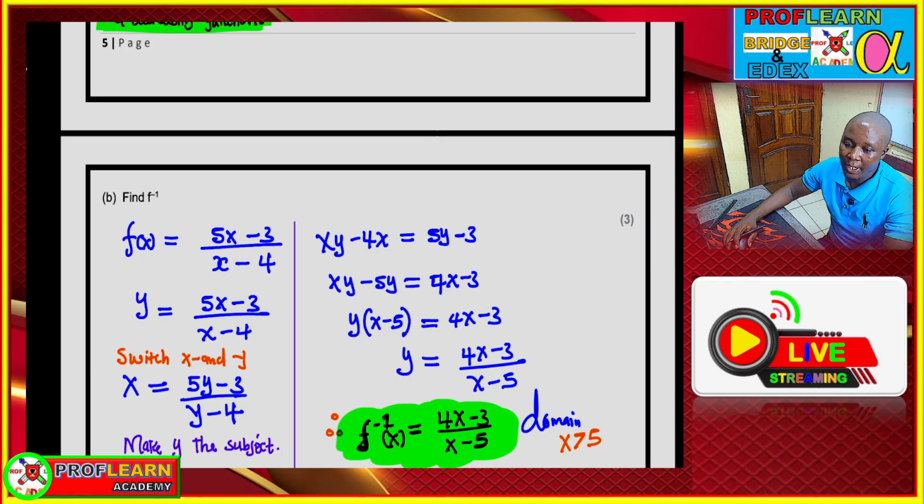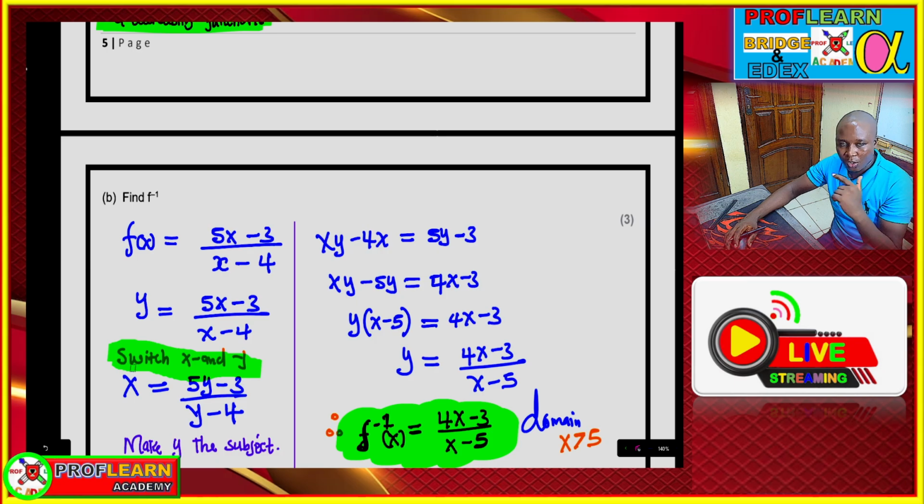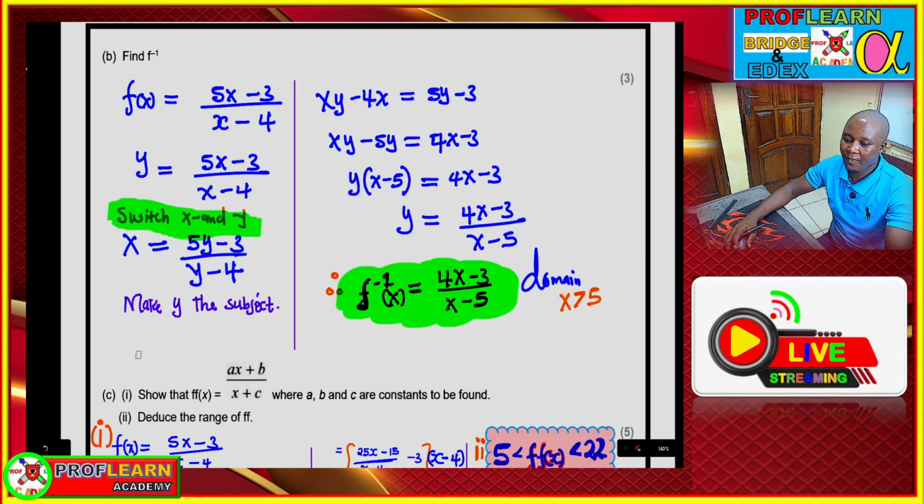First things first, at this point you change f of x to y. Once you have changed that, you switch x and y, meaning that where you have x, you write y, and where you have y, you write x. That is exactly what I've done here to switch.